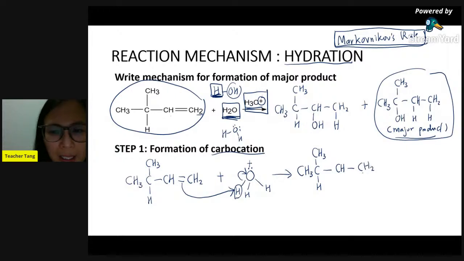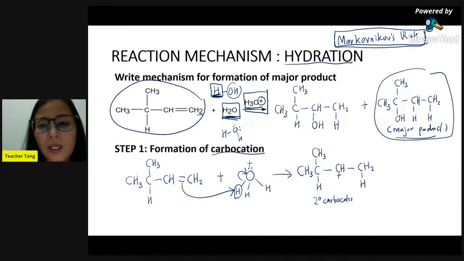So the hydrogen need to go to the first carbon sebab lebih banyak hydrogen. Okay, can you see that carbon ini sekarang ada 3 bond sahaja, 4 minus 3, so become positive 1. And this is secondary carbocation. Okay, and also you get water.